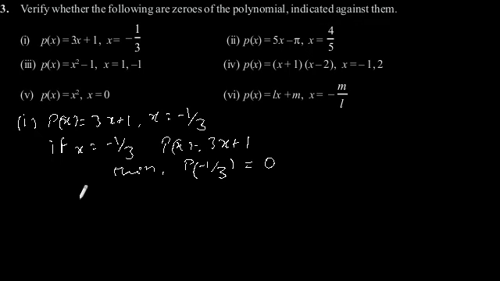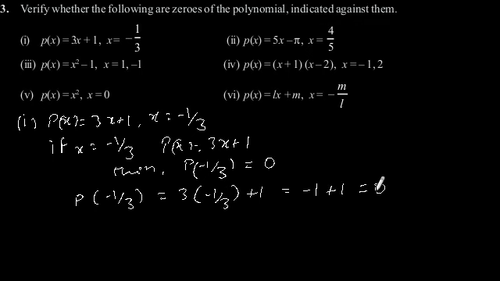So let's check it. p(minus 1 by 3) is equal to 3 into minus 1 by 3 plus 1, equal to minus 1 plus 1, equal to 0.